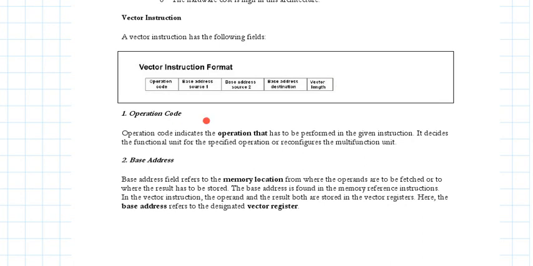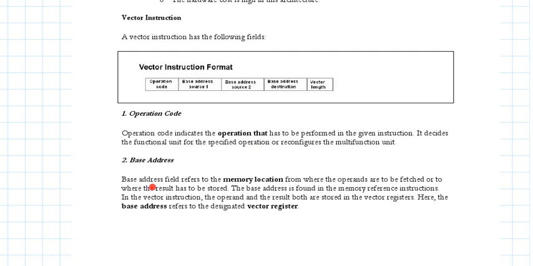Operation code. Operation code indicates the operation that has to be performed in the given instruction. That means it indicates basically the type of the operation that has to be performed. Base address.